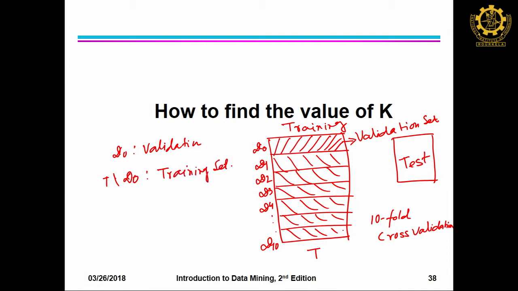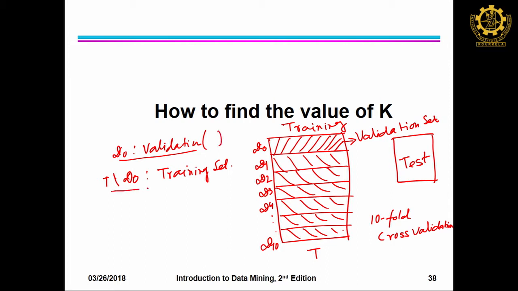Now, we identify the class level of each object in the validation set. The training data set is divided into a number of blocks, and each block is called a validation set. It is actually a test set, but to distinguish the name, we call it the validation set.